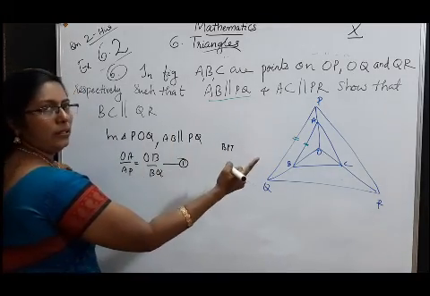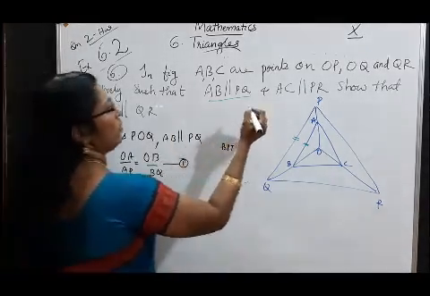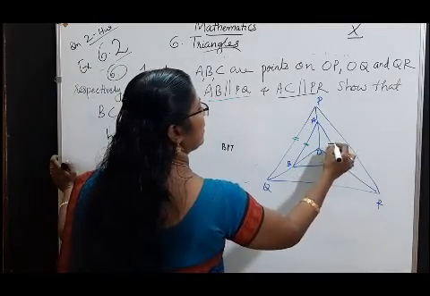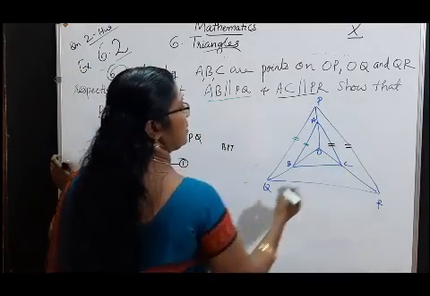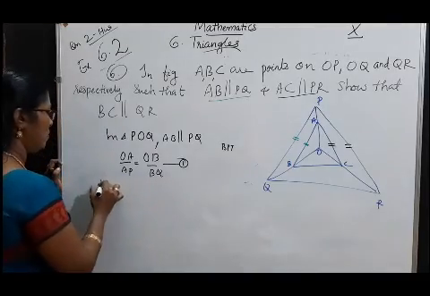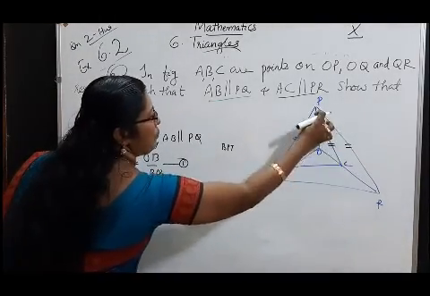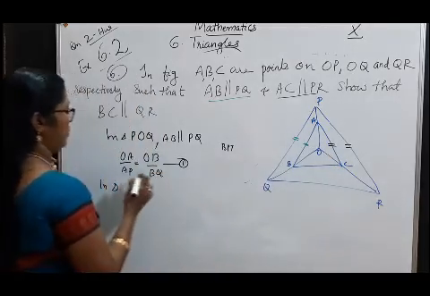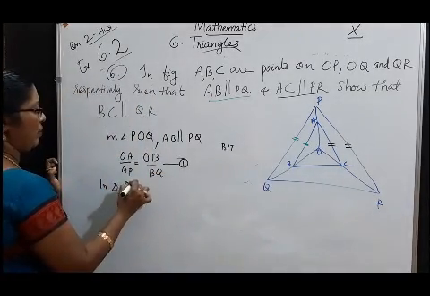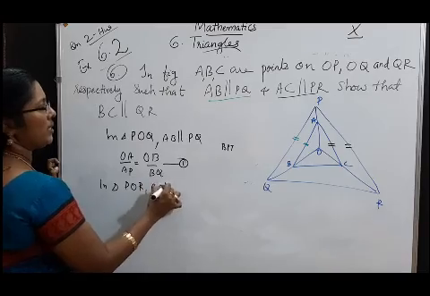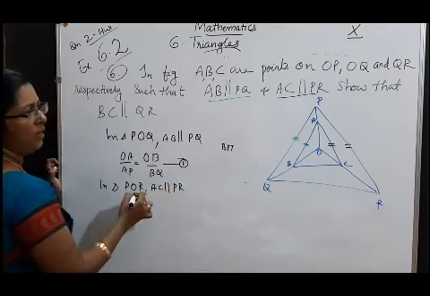Then the next part, AC and PR are parallel. In the right side triangle POR, AC is parallel to PR.